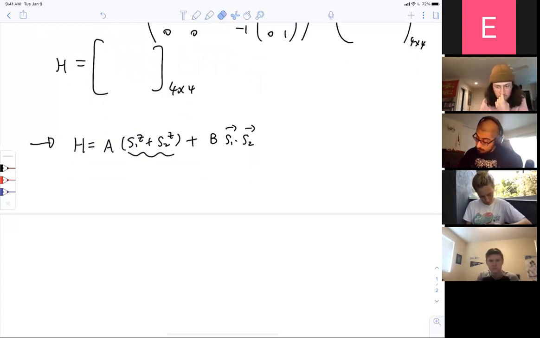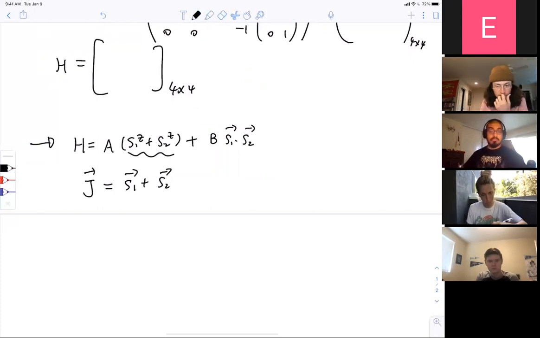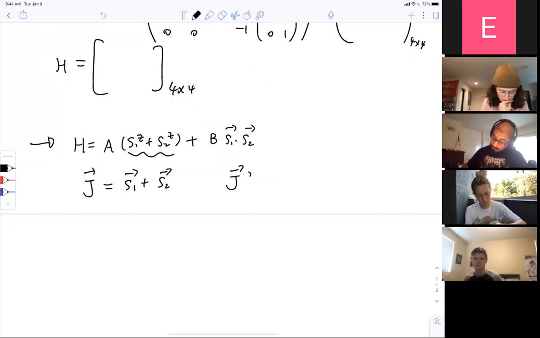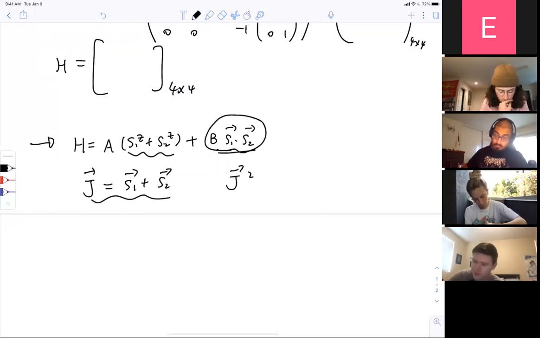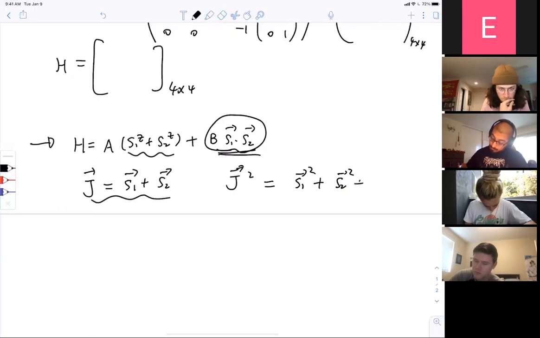So naturally we can introduce the operator J as a sum of those two spins. Then J squared. The reason why we want to do this is because there's S1 dot S2, right? We know S1 dot S2 can be written in terms of J squared, which equals S1 squared plus S2 squared plus 2 S1 dot S2.